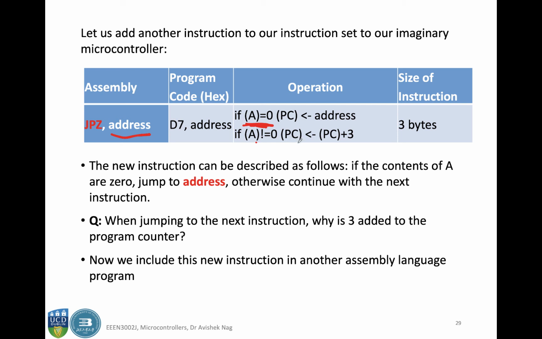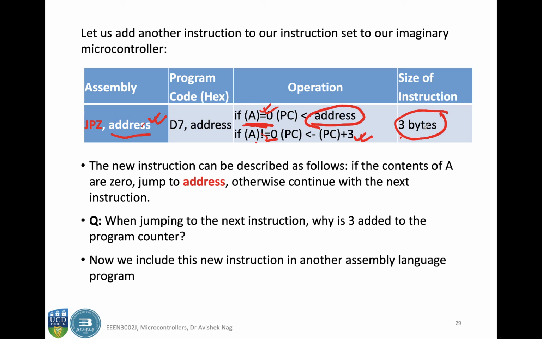So if your A register is 0, then you jump to the specific address that is denoted by this. Otherwise, if it is not 0, then you increment your program counter by 3, because you need to increment it by 3 to reach the next instruction, because this particular instruction is itself 3 bytes.